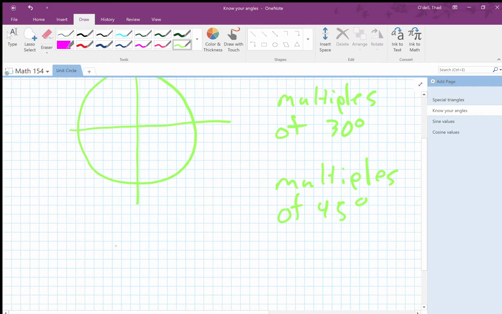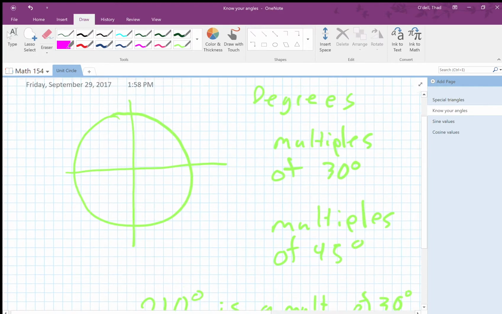If you're given an angle like 210 degrees, you first ask yourself, is that a multiple of 30 or 45? This is a multiple of 30, because 7 times 30 would be 210.